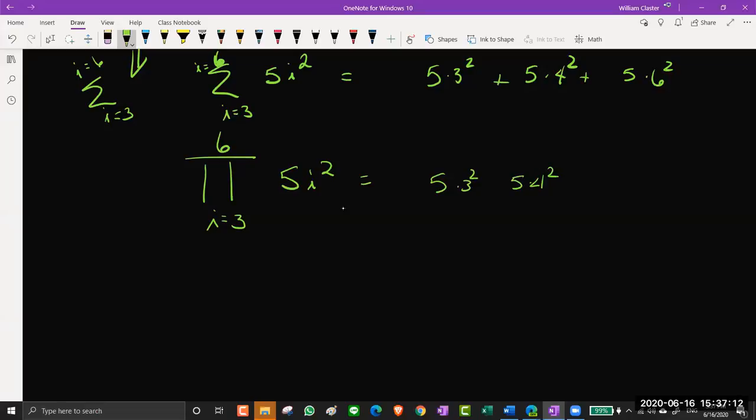Sorry. 5 squared, right? Sorry about that. So then I get 5 times 5 squared. And I get 5 times 6 squared. But this is not a sigma, this is a pi. So what do you think this pi means?